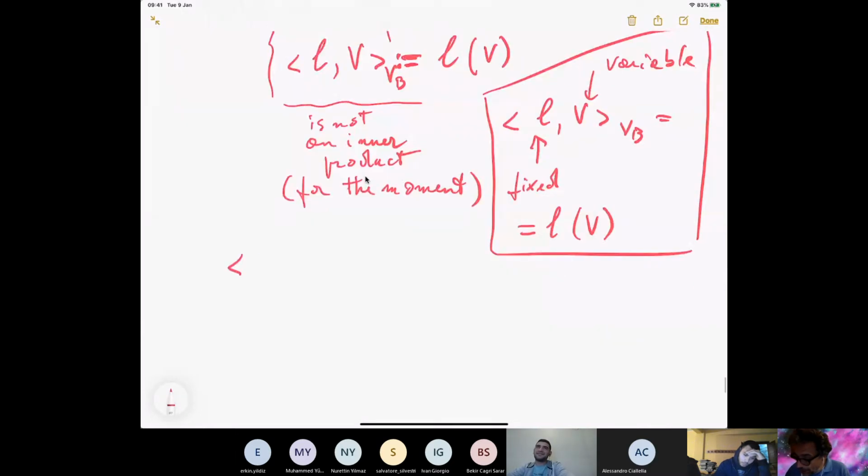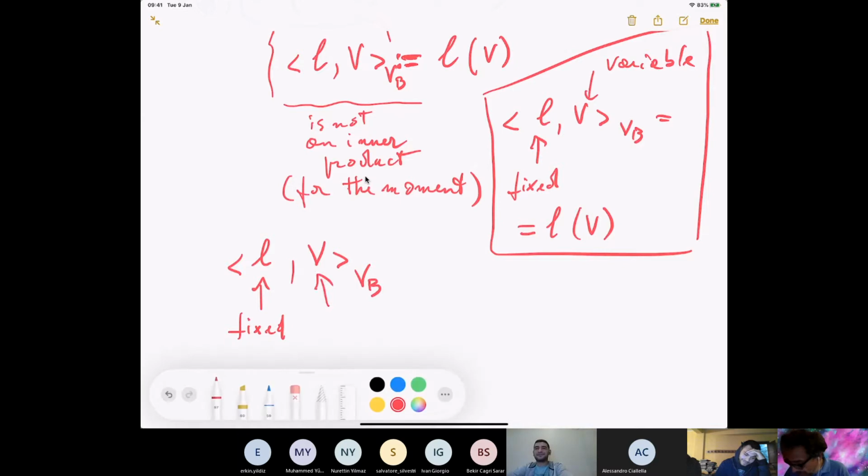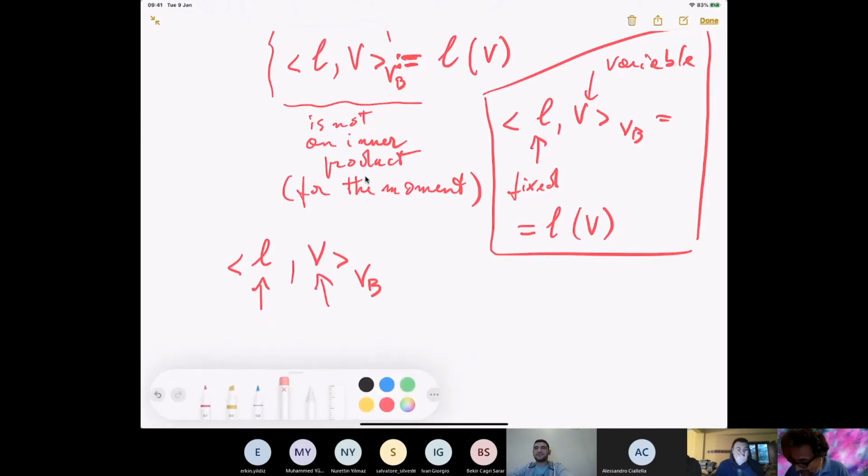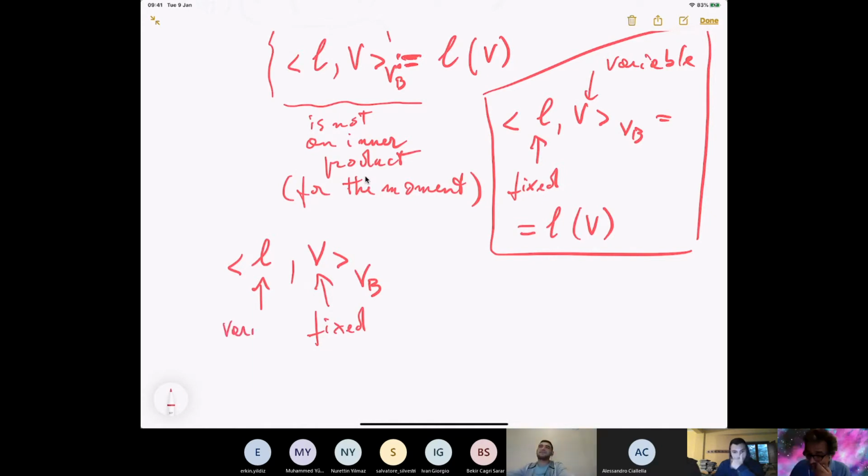Or, sorry, the other way around, you can fix V and you can vary L, and in this case, you consider an element in the dual, V star.